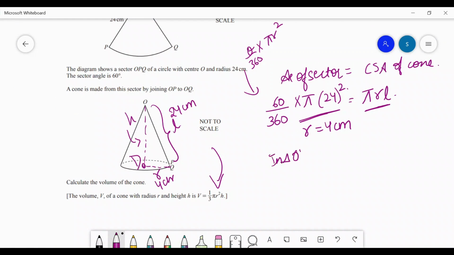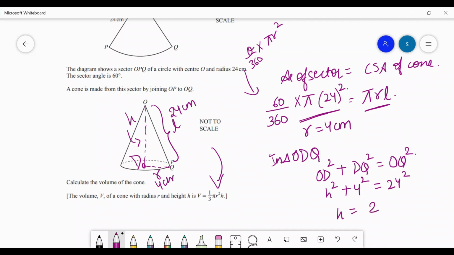So in triangle ODQ, OD square plus DQ square is equal to OQ square. So that would be H square plus 4 square equal to 24 square. So when you solve this, you get H equal to 23.664 centimeters.